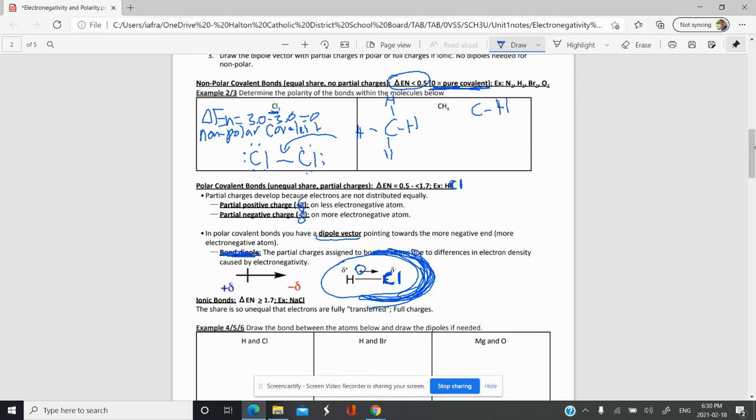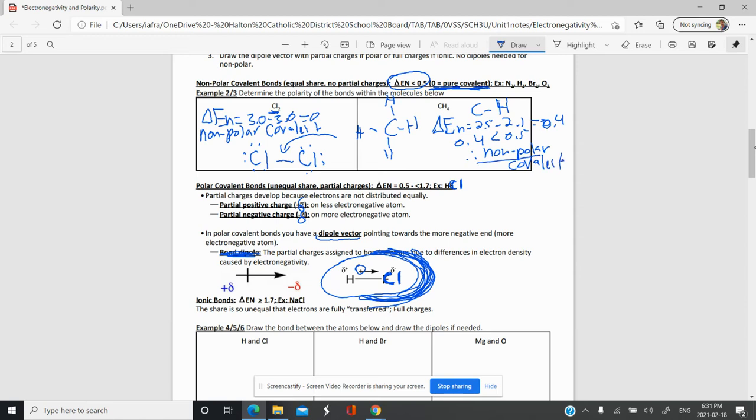So let's calculate the electronegativity difference between C and H. We have delta EN equal to 2.5 minus 2.1, and we get 0.4. So 0.4 is less than 0.5. Therefore, this is nonpolar covalent. It's still a share, and it's an equal share.